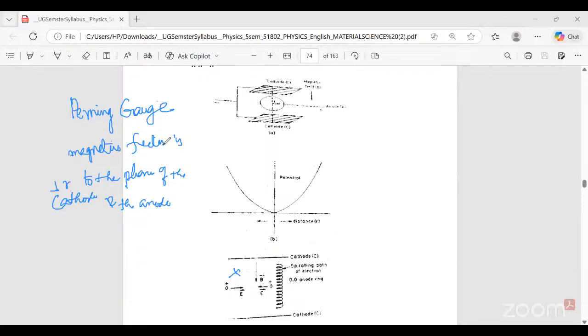Mainly, the preparation methods are classified into the physical vapor deposition method and the chemical vapor deposition method. These are the two types of thin film preparation. This thin film is mainly used, as I told, in many applications.